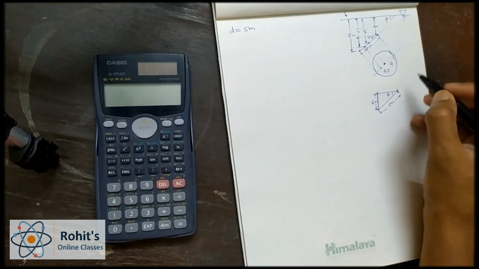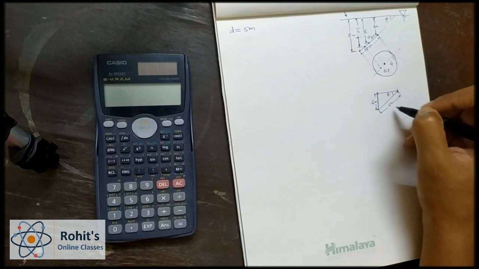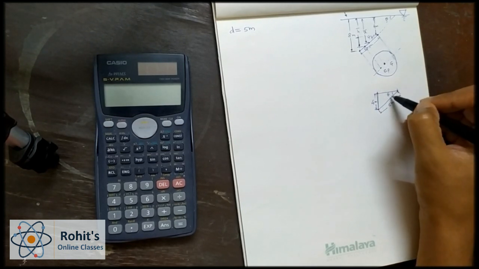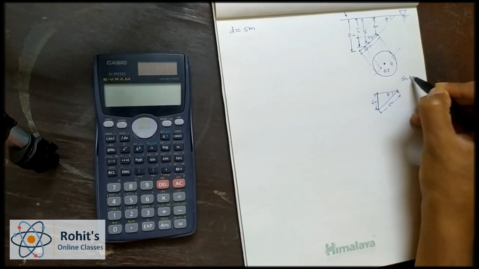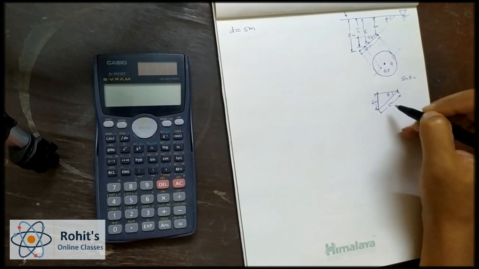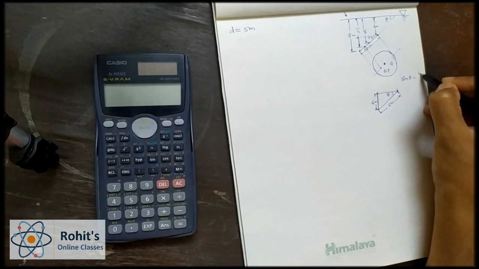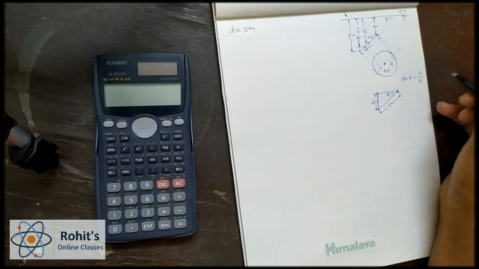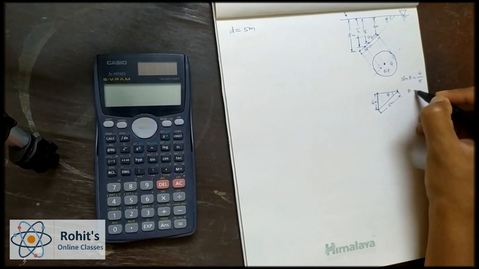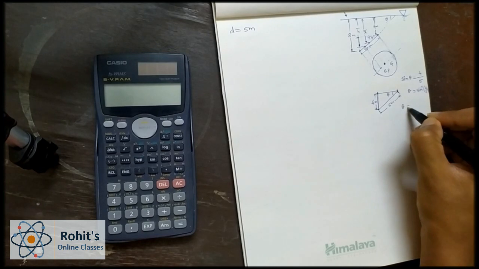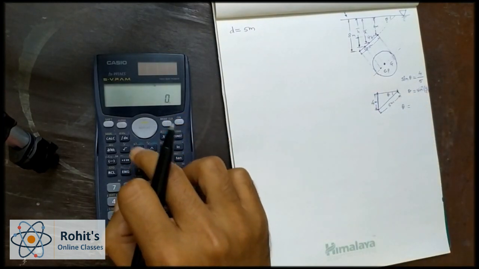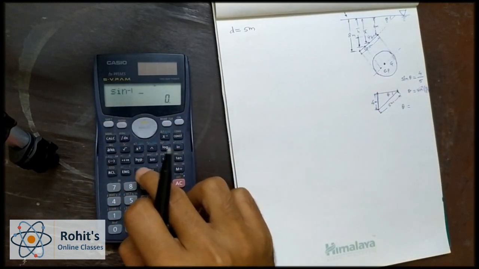So using these two sides we can find theta. What is the ratio? sin theta is equal to the opposite side divided by the hypotenuse. The opposite side is 4 meters divided by the hypotenuse of 5 meters. So theta is equal to sin inverse of 4 by 5, correct? So theta is equal to, let us put these values in our calculator.